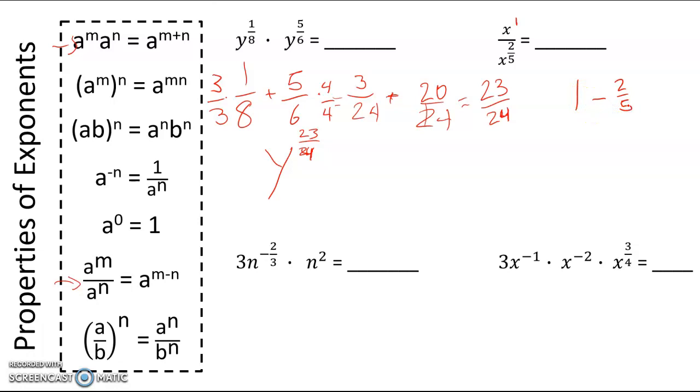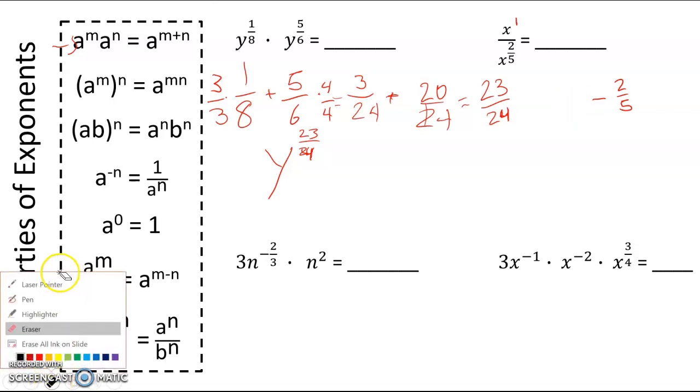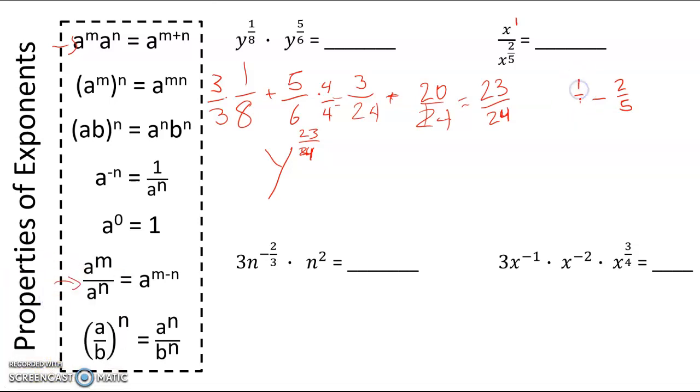Now I need a common denominator. 1 is a whole number, but remember, we can write that as 1/1. And if you're looking, my common denominator is 5, and to get a 5 over here, I multiply the top and the bottom by 5/5, which gets me 5/5 minus 2/5.